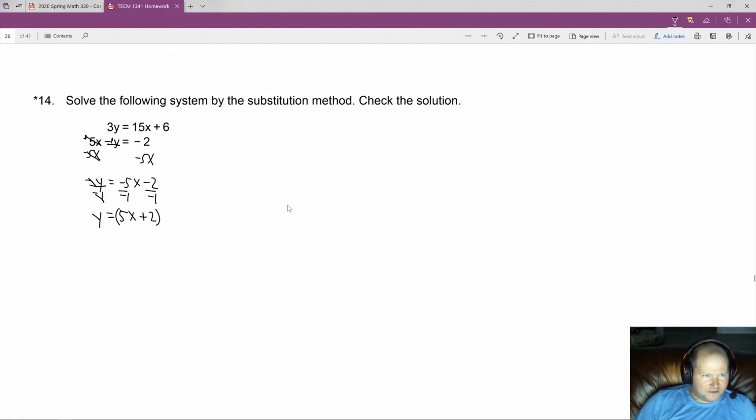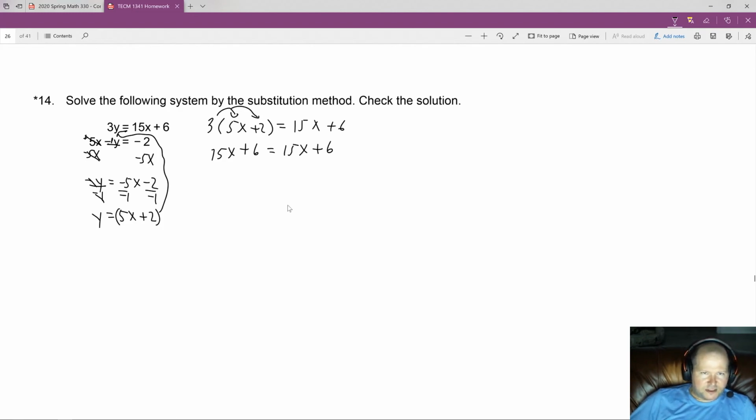Now that I've solved for y, I know y is equal to 5x plus 2. I'm going to plug it into the first equation, and wherever I see a y, I'm going to plug in 5x plus 2. So 3y, well, y is equal to 5x plus 2, is equal to 15x plus 6. I'm going to do some distribution. 3 times 5x is 15x. 3 times 2 is a 6. 15x plus 6.